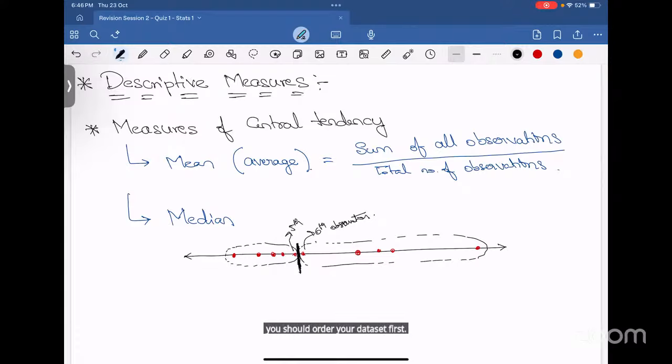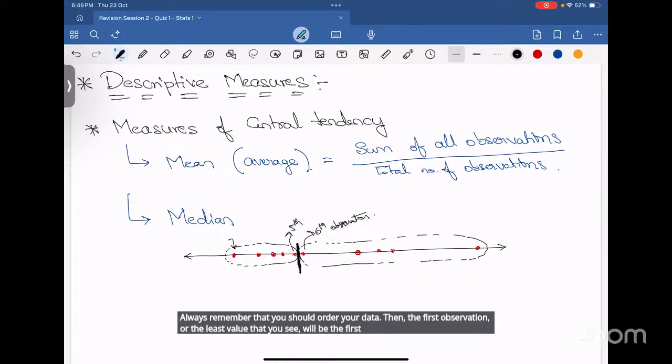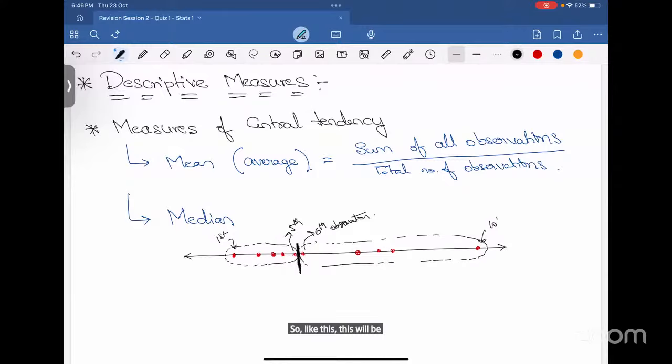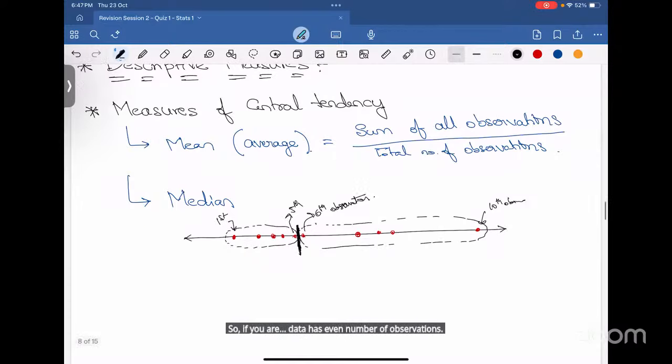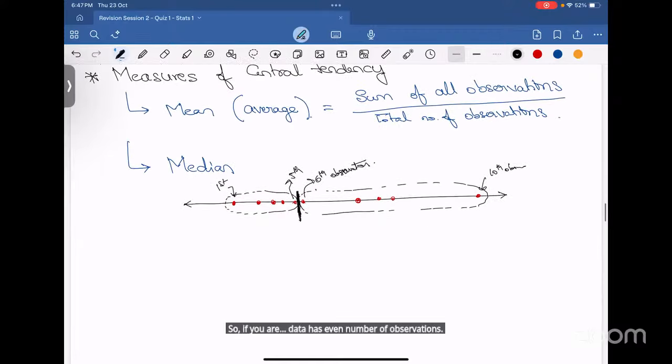So for computing median, always remember that you should order your data. Then the least value that you see will be the first observation, and this will be the 10th observation. So if your data has an even number of observations, then the middlemost, not the middlemost, right? For an even number, there is no middlemost.